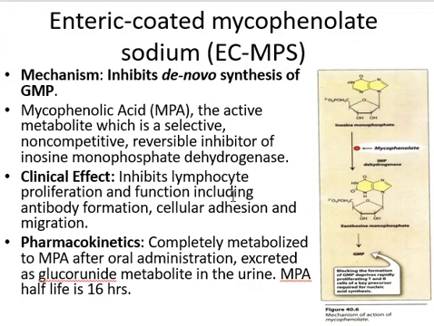They also inhibit the ability of lymphocytes to move from lymphatic tissue to inflamed tissue, and their ability just to move from point A to point B through the lymphatic vasculature. There are also some pharmacokinetic considerations in terms of half-lives of certain metabolites excreted into the urine, and what that does to renal physiology.